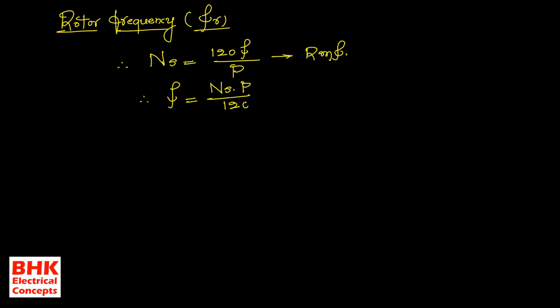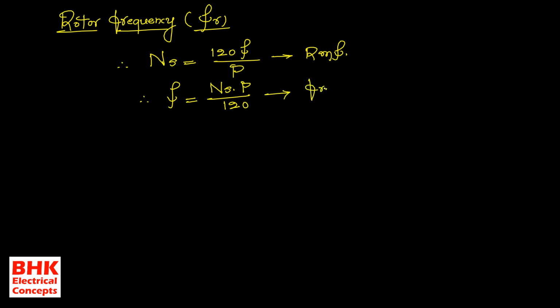Clear? You know the standard expression of synchronous speed, and that expression consists of frequency. So you can directly write Ns is equal to 120 f divided by P. This is the synchronous speed of a rotating magnetic field, RMF. From this I can directly write f is equal to Ns into P divided by 120.